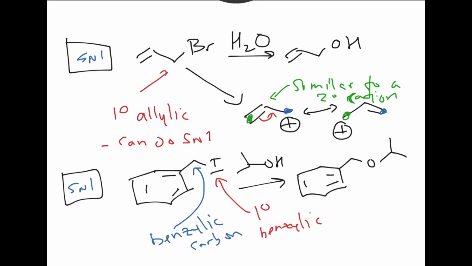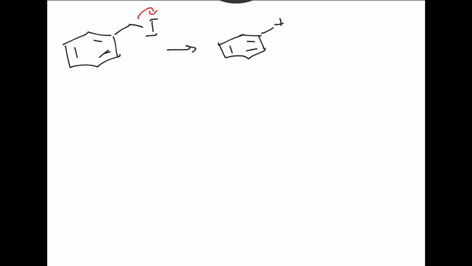When you have an aromatic ring, when you have a benzylic carbocation, so this iodide, when it leaves, we make that carbocation.